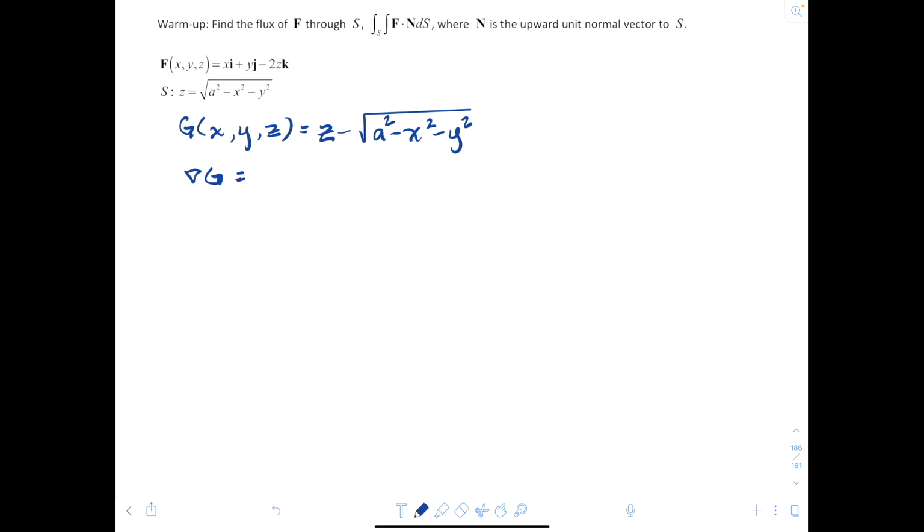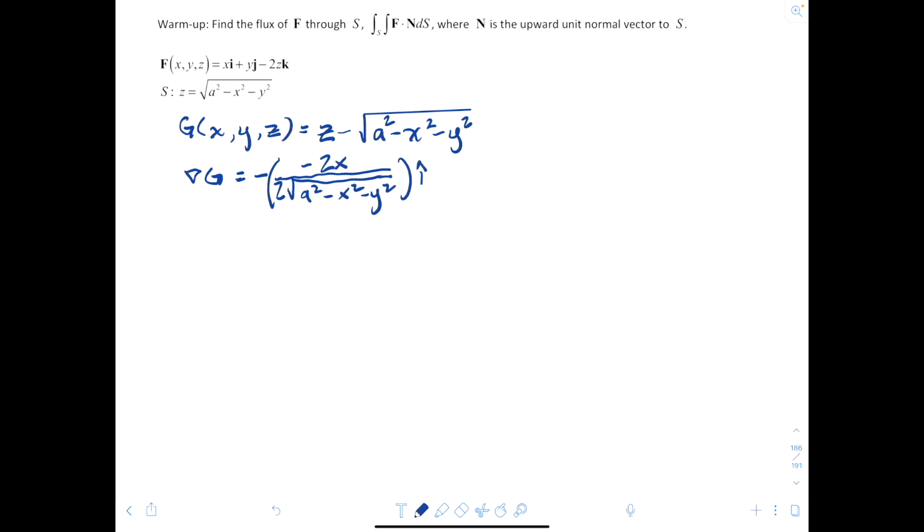We will have negative, and then we're going to end up with a negative 2x when we're using the chain rule over the square root of a squared minus x squared minus y squared. And then we're also going to have a 2 here, a 2 from using that power rule. And this is all times i.